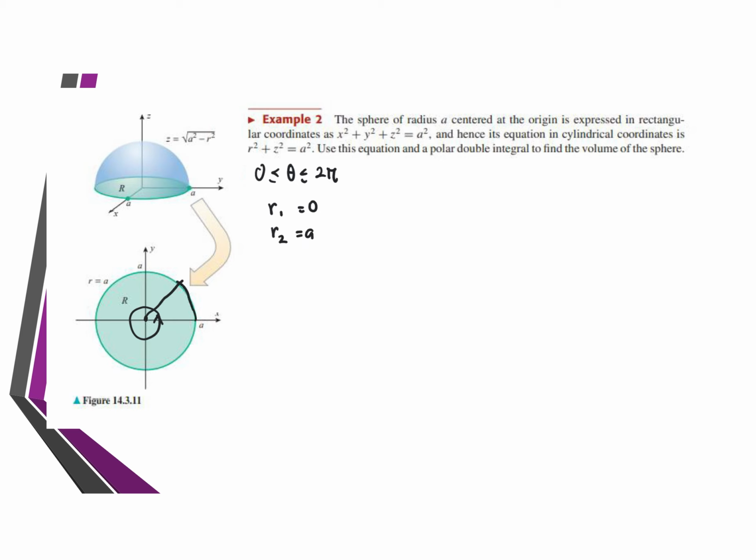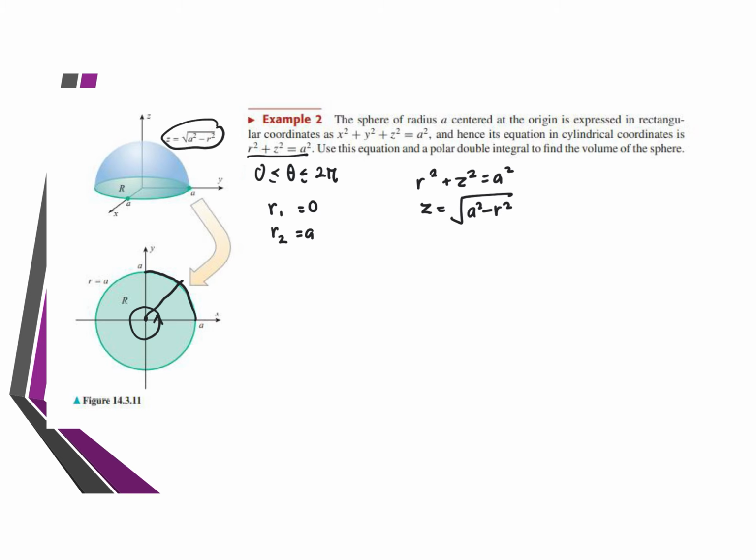Now we are going to find the function of the surface in cylindrical coordinates. This one, r square plus z square is equal to a square. So our function will be z is equal to square root of a square minus r square. So this one is our surface.